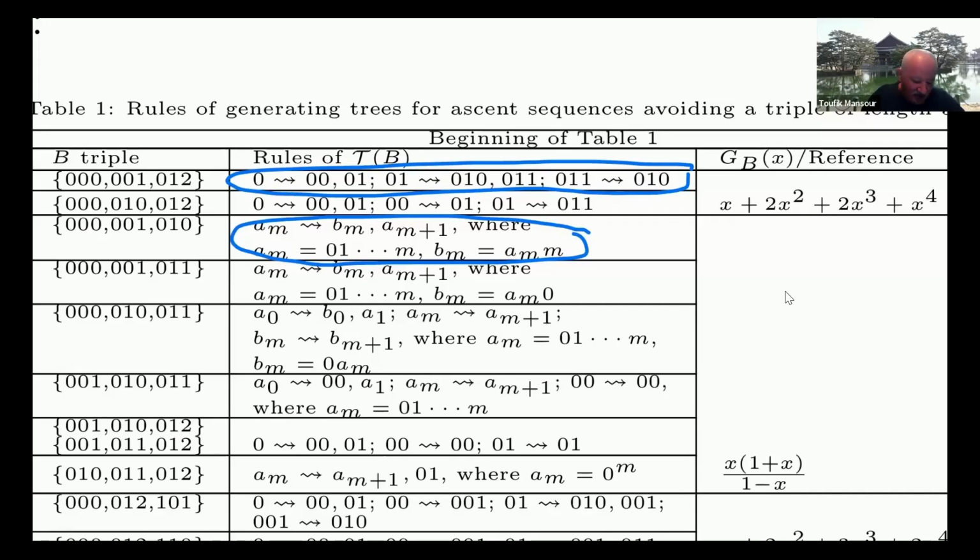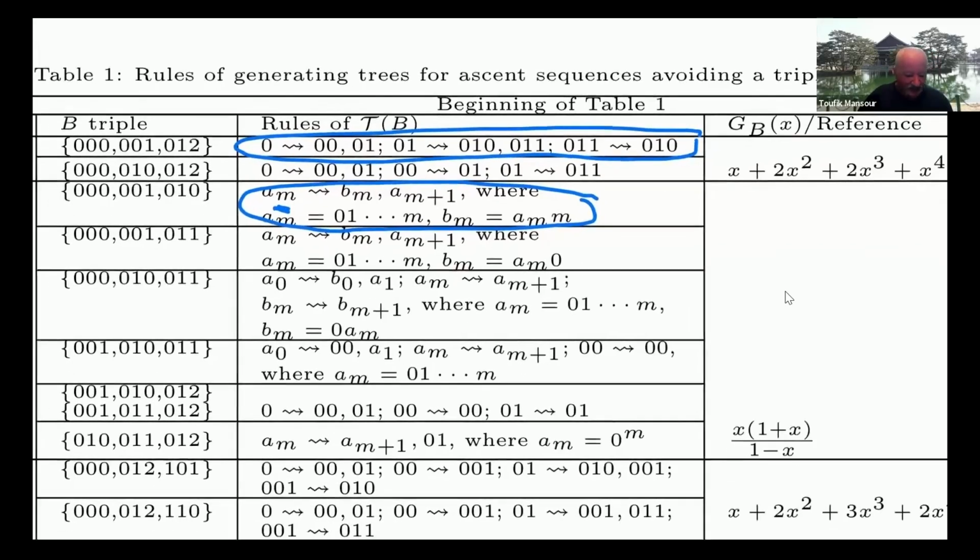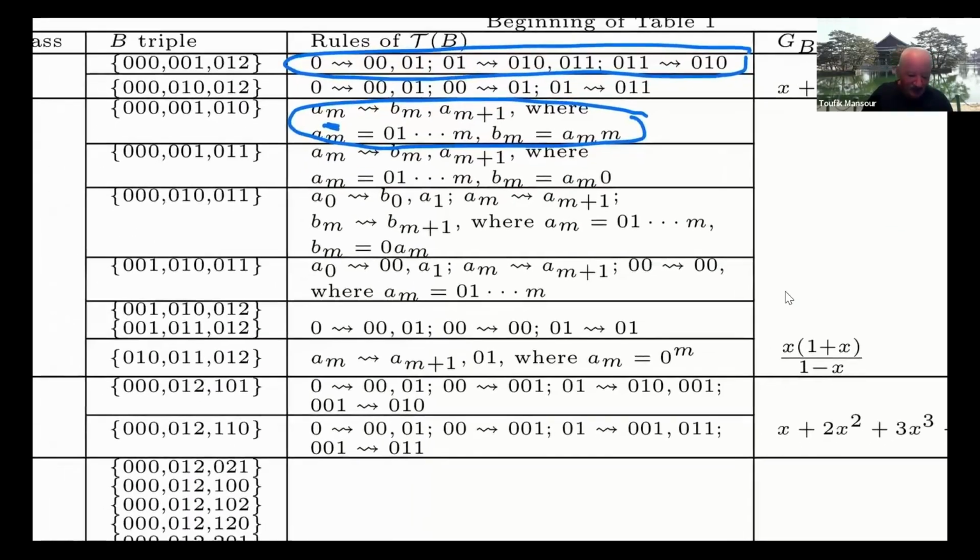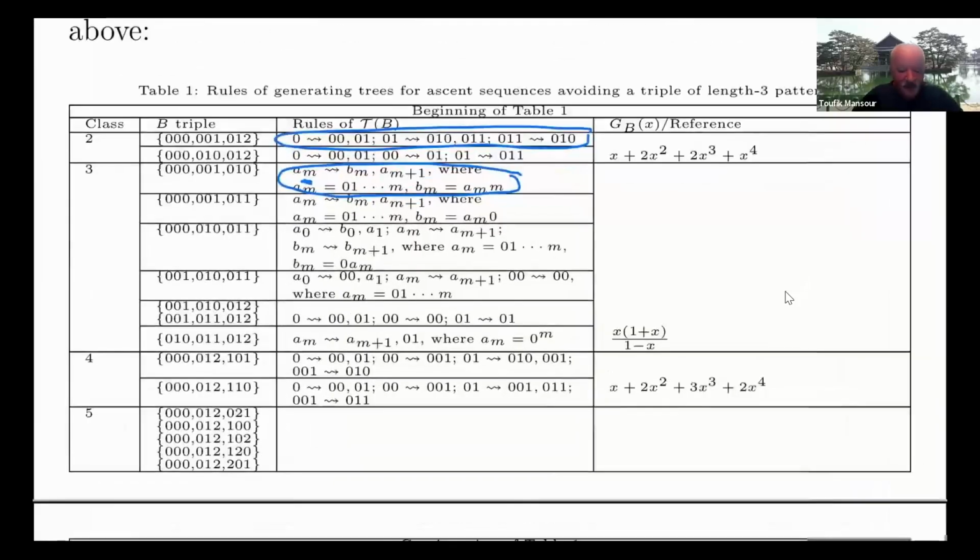Here I used one index, and what is surprising, most of the cases are with one index, but there are also many cases that needed two indices or even three indices to describe the succession rules.